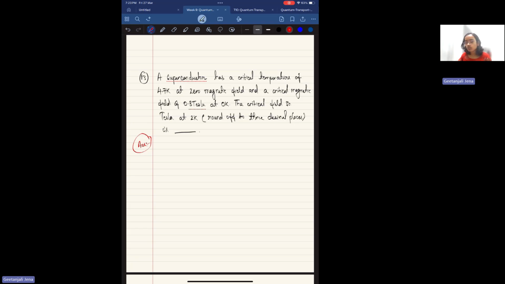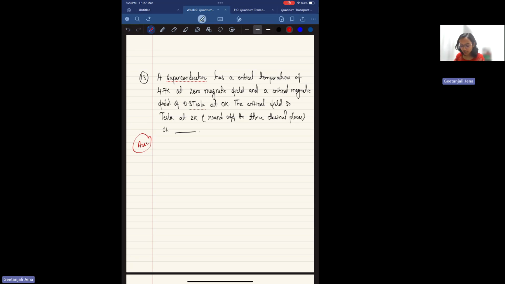So remember to look for the units. If units are not correct, then you may take the wrong relation, and you may get the wrong answer. For this case, even though you can take B or H, it doesn't matter. But for some cases, if you want to use that for calculating some other parameter, then it's quite important to look for the units. Solve it first, then I will go through the question.